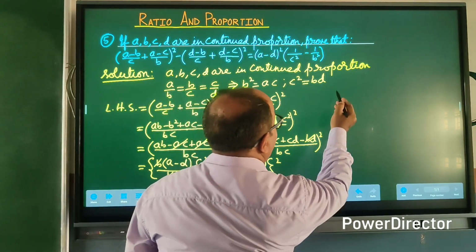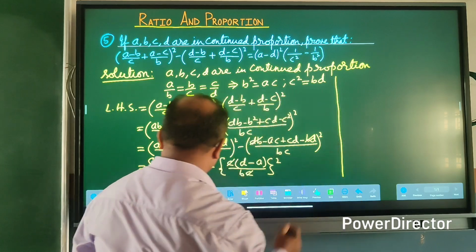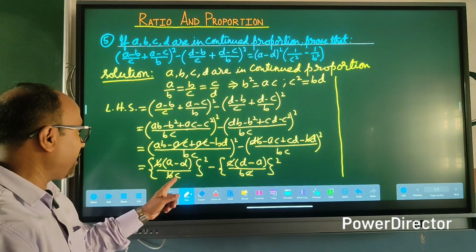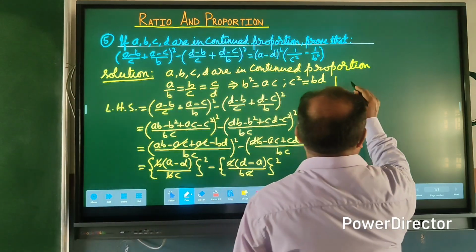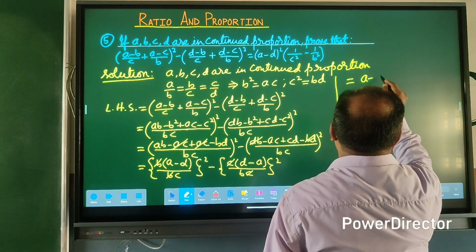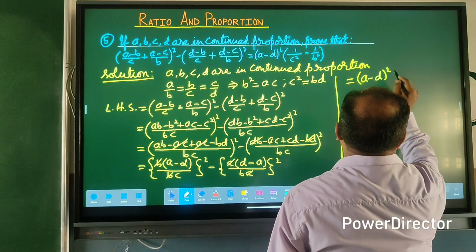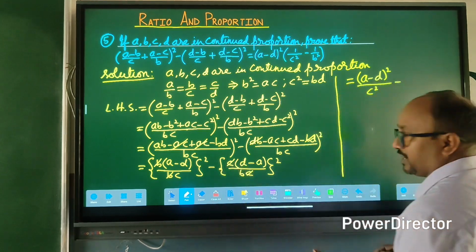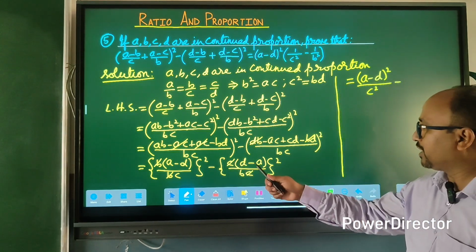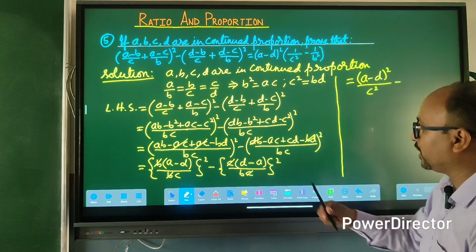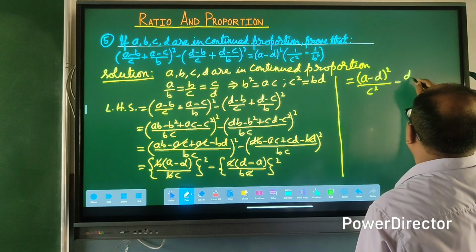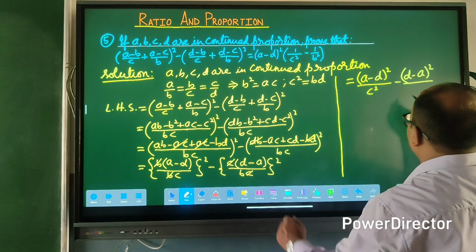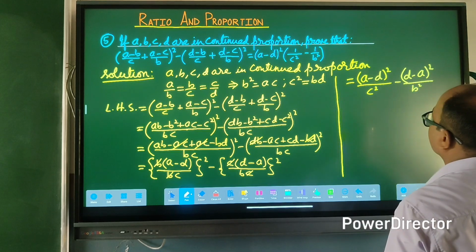I proceed the remaining sums over here. So from here I will be getting A minus D whole square and a C square in the denominator. So A minus D whole square by C square in the denominator minus, and then here I am getting a D minus A whole square and a B square in the denominator.